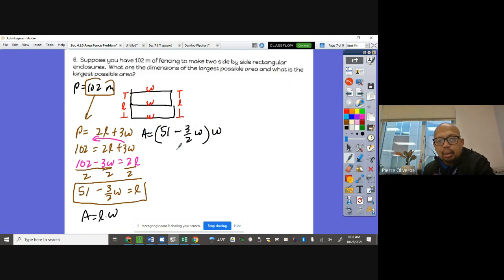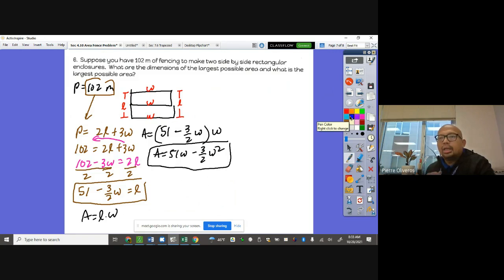You can distribute the W there. That will give you 51W minus 3 halves W squared. So that's your equation. Now, remember, guys, that you are allowed to use a graphing calculator to find the vertex. Using the y equals, plug in the equation and find the maximum over there. But since we're doing it manually here, I'll show you. It has to be W. W is equal to negative b over 2a.